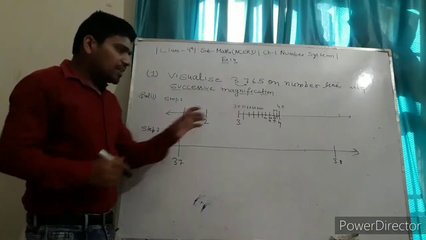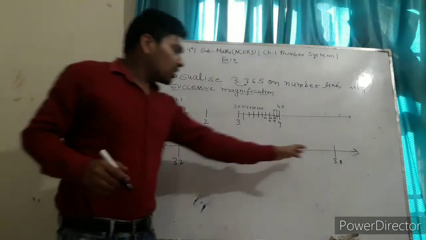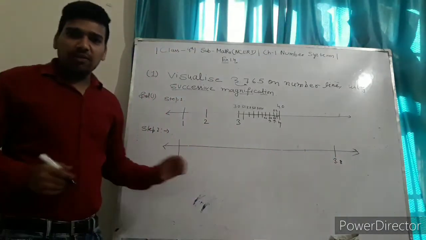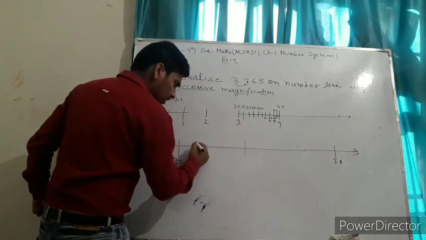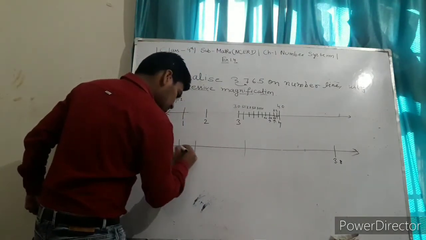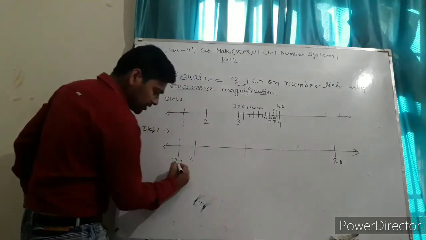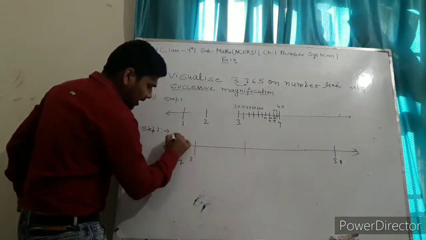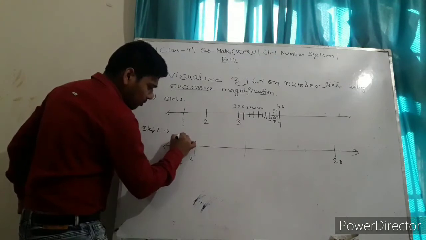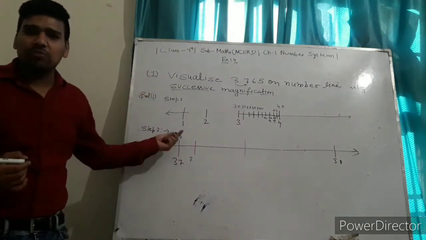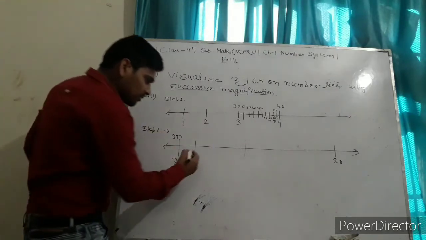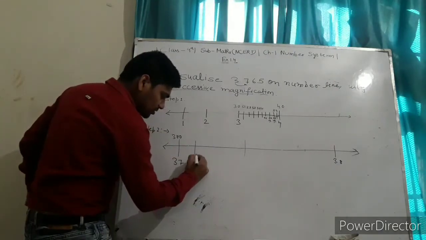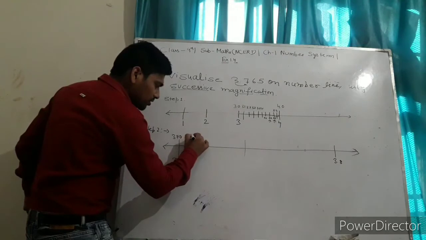This is 3.7, so I write here 3.70, because you know 3.7 and 3.70 are the same. The next point becomes 3.71, then 3.72.